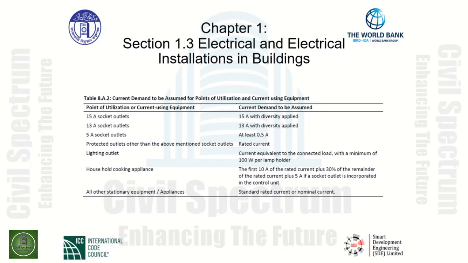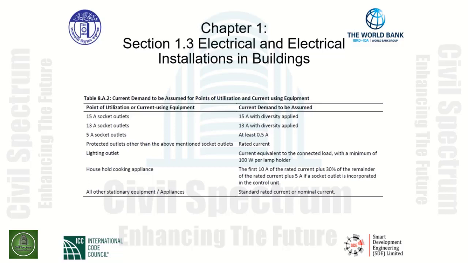For any household cooking appliances, the demand is the first 10 amps of the rated current plus 30% of the remainder of the rated current, plus 5 amps if a socket outlet is incorporated in the control unit.